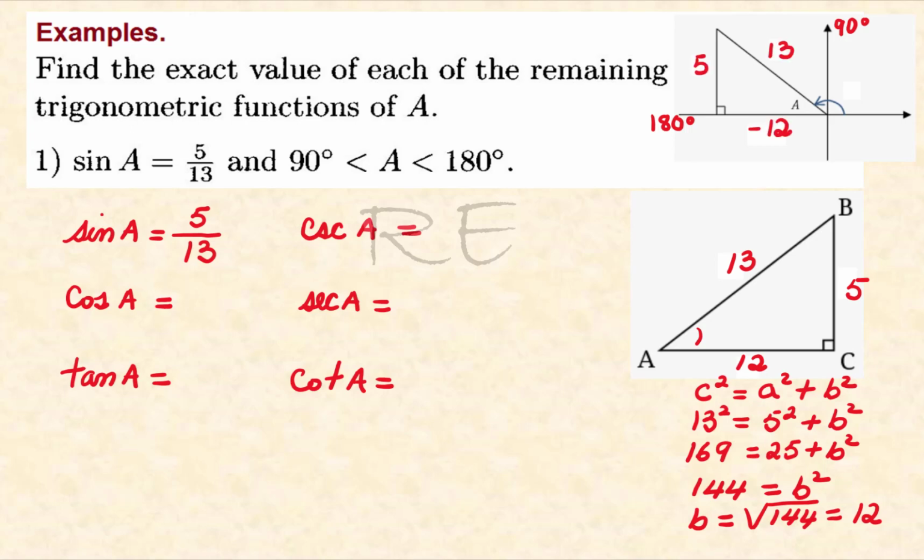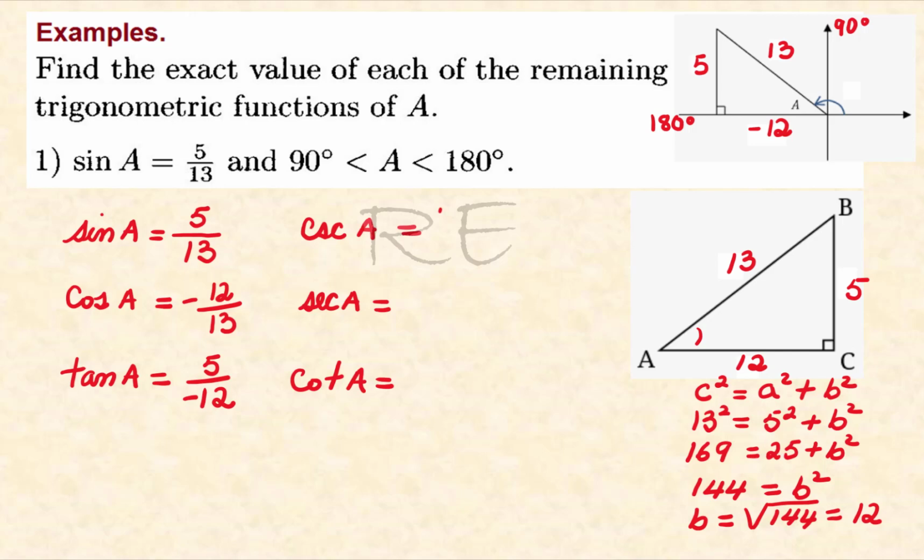A is between 90 and 180, so A is a second quadrant angle. Cosine is negative, sine is positive. The hypotenuse is always positive. Cosine A is negative 12 over 13, and tangent A is the opposite, 5, over the adjacent, negative 12.